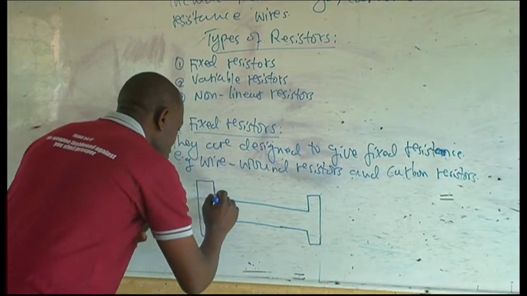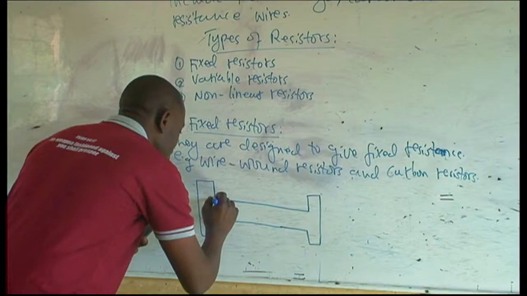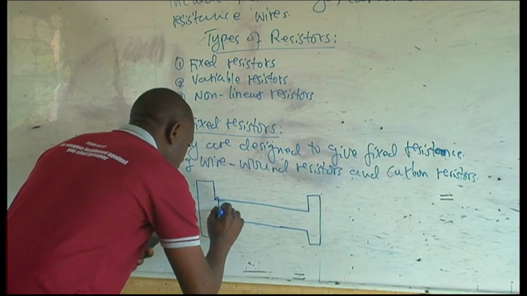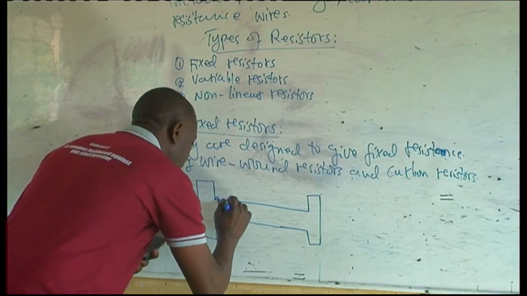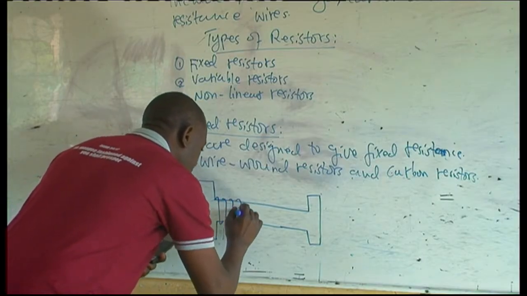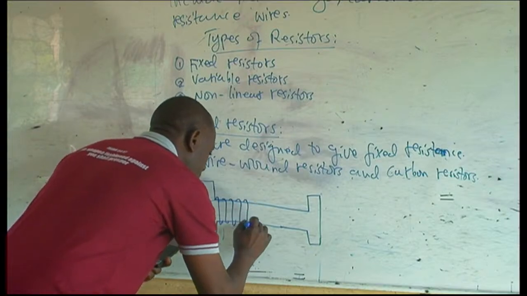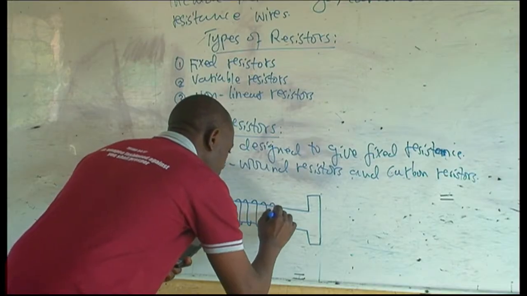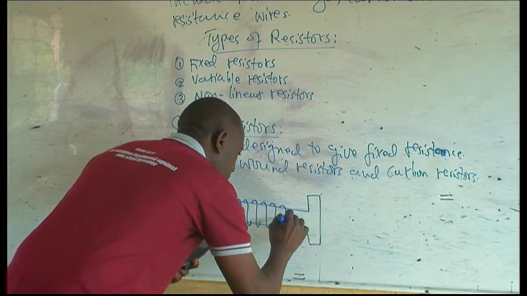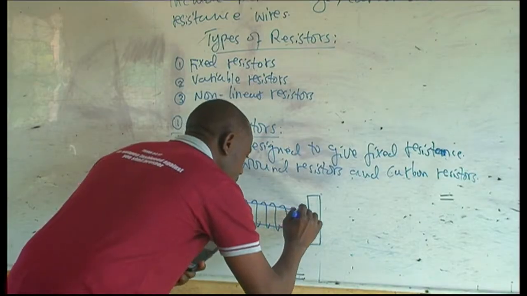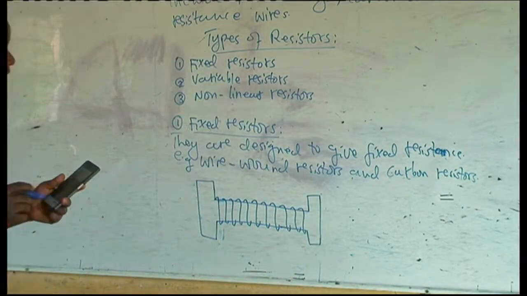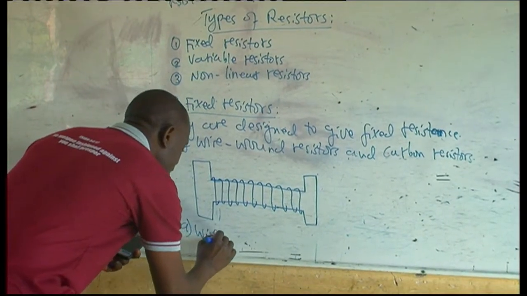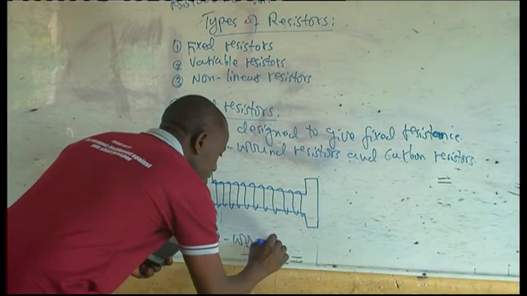So that we have a wire now wound here very close to each other. So this is the wire wound resistor.